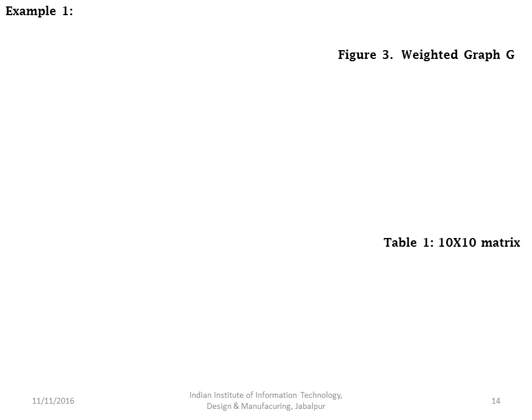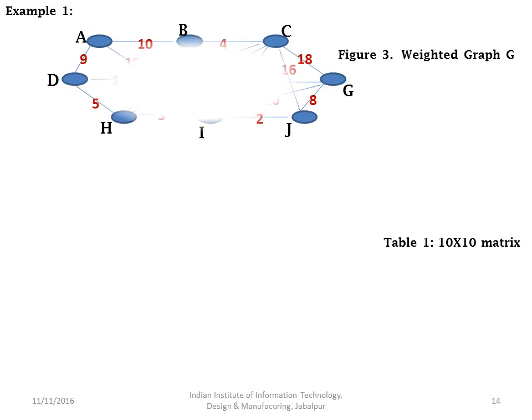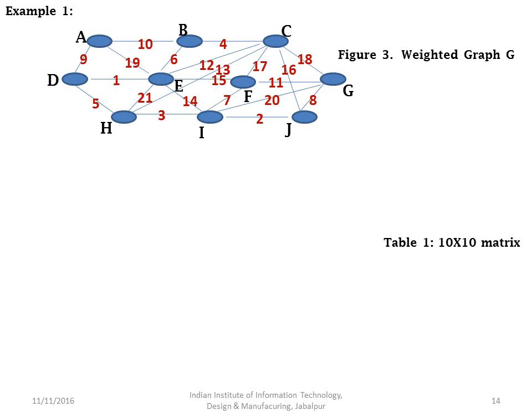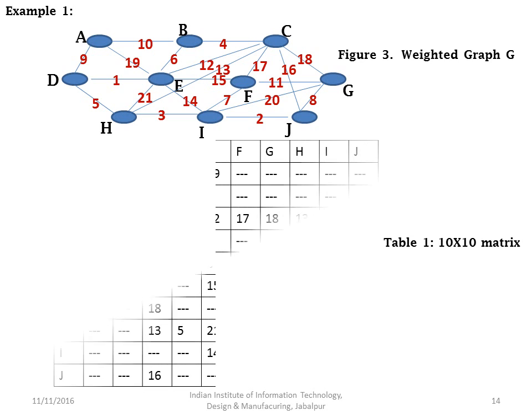Now it's time to go to the example that we have shown in figure 3. The figure 3 graph is shown on the slide, and the weights assigned on the edges are also shown in the matrix of 10 cross 10, as there are 10 vertices and 21 edges.